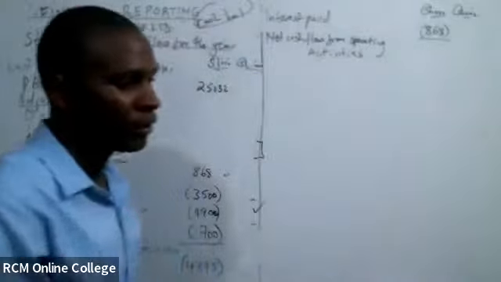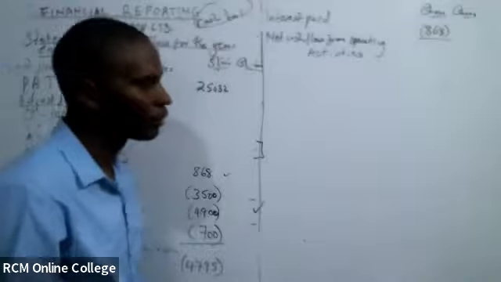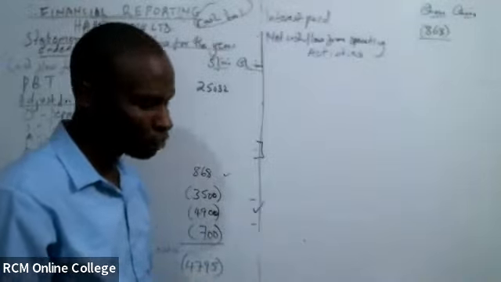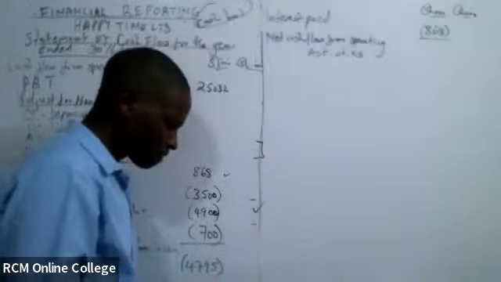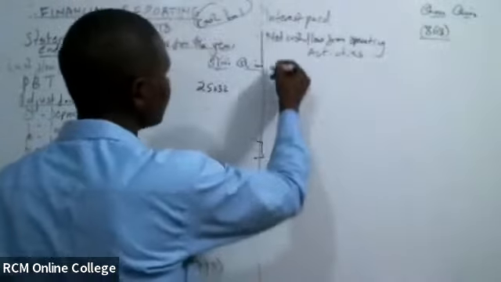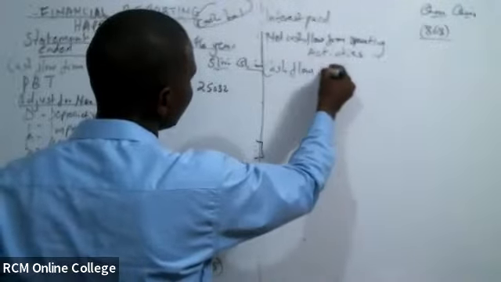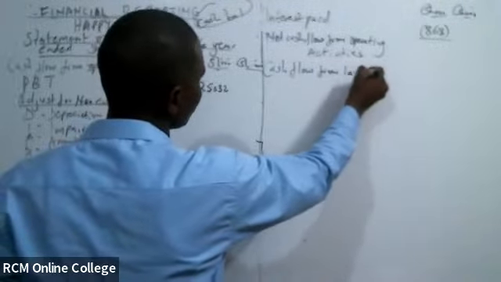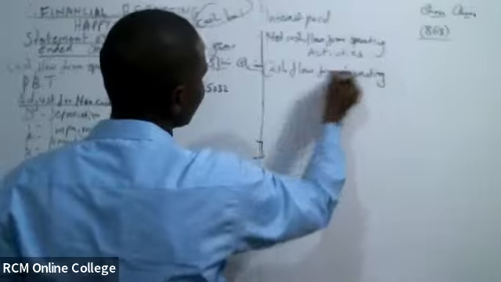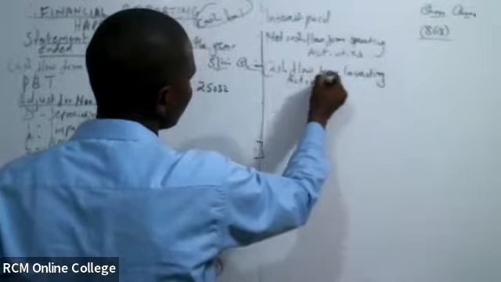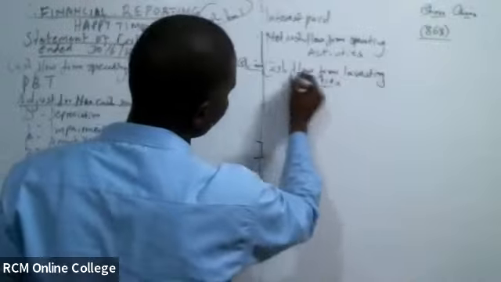Great. We move to the next part, which is cash flow from investing activities. Sasa tukisema investing activity tunaangalia item gani?